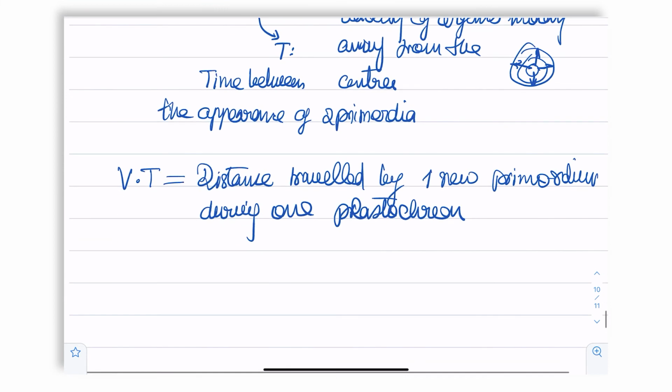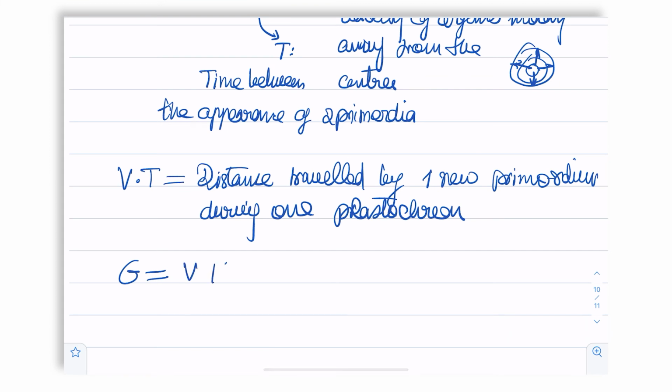The growth index then can finally be written as G is equal to V T by R.